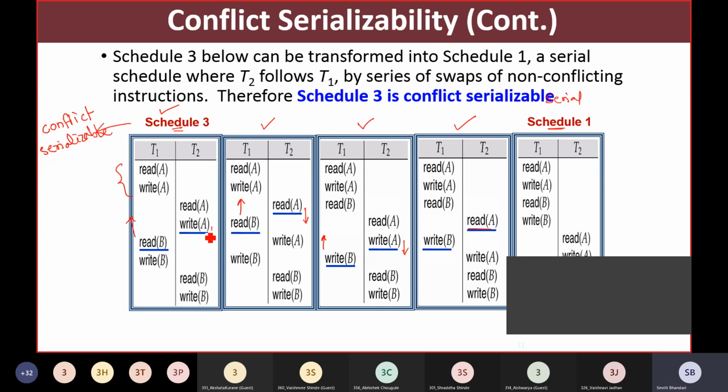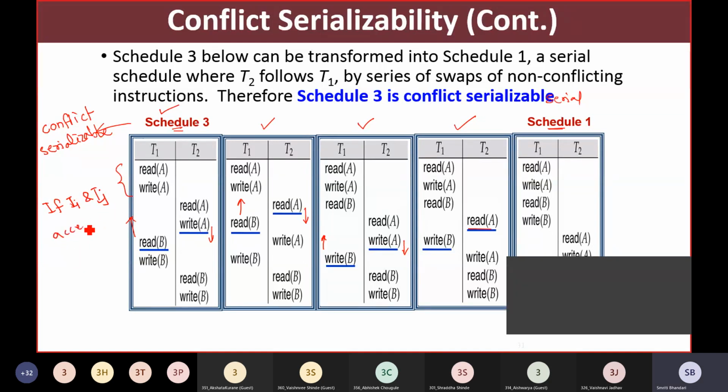So what are non-conflicting instructions? If 2 consecutive instructions are accessing different data items like this, then definitely these are non-conflicting instructions, irrespective of whether it is a write operation or the read operation.